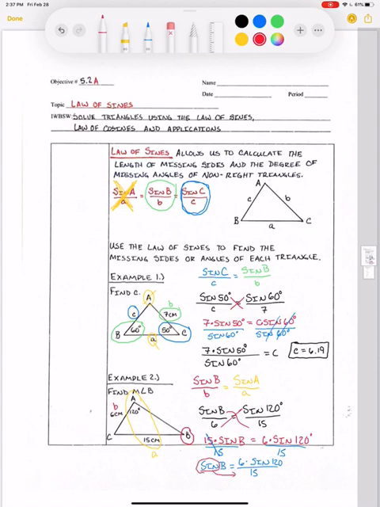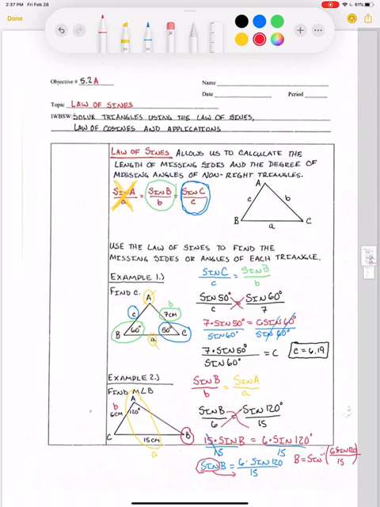If I'm moving it over, I can't do it by dividing because it's not being multiplied. I have to take the inverse. So B is going to equal the inverse sine of 6 times the sine of 120 divided by 15.